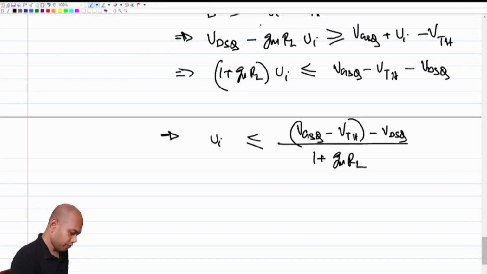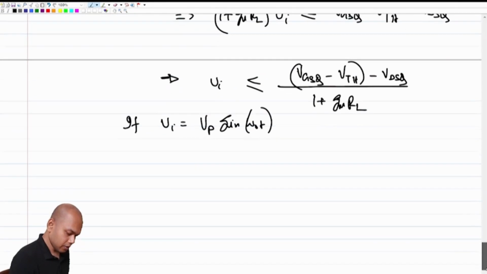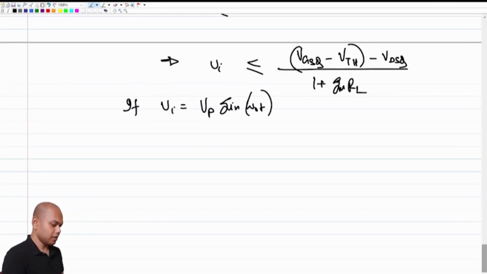And if VI is VP sine omega naught t, what does that condition impose?